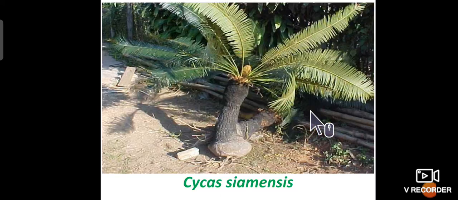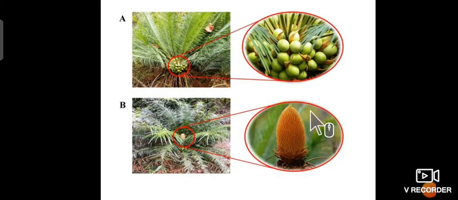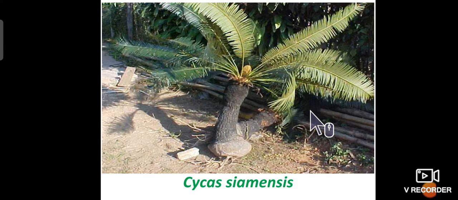Okay, the next species, that is the last species commonly found in India, is Cycas siamensis, also known as the Siam cycas.